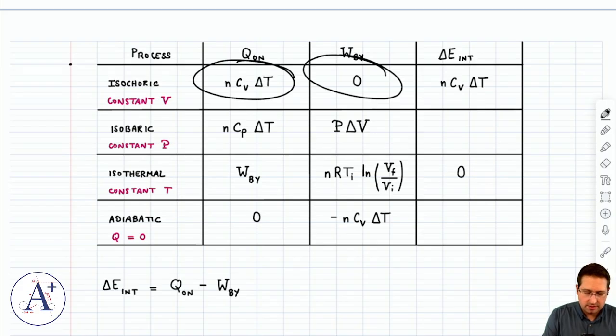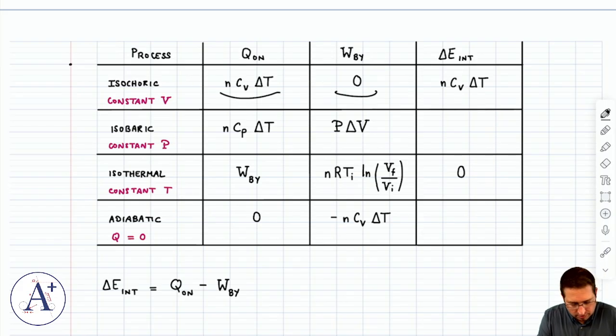Okay, well, that's all consistent, right? This minus 0 is this. It also ties with the fact that delta E internal is always nCv delta T.